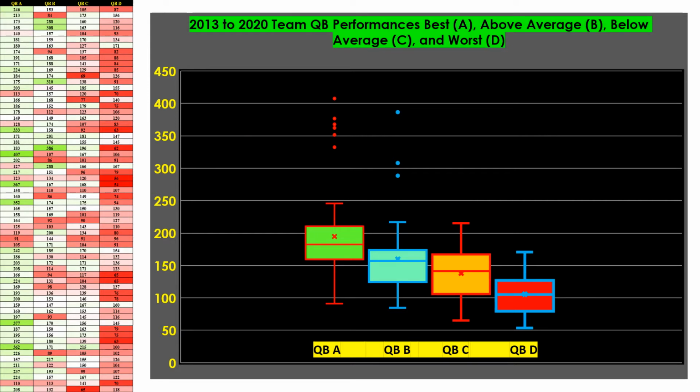This is about 66% of the teams that were the best teams. Their quarterbacks were producing fantasy points in this range. Take a look at the worst. Wow. Big difference. People say, oh, can a quarterback make a difference?